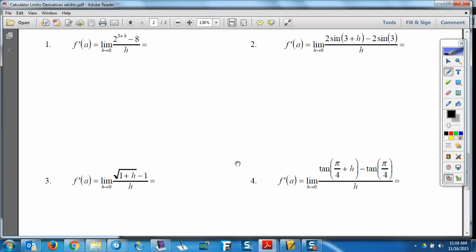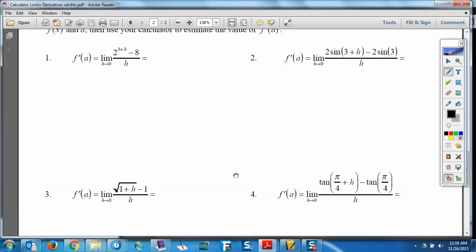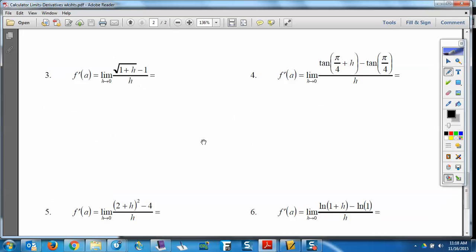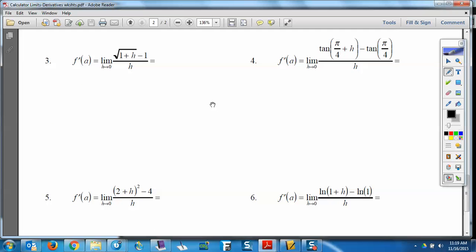Okay, so the thing that happened on this worksheet was that most of them, not all, had no way of doing any algebra to them to be able to solve them. Now, there are two exceptions.